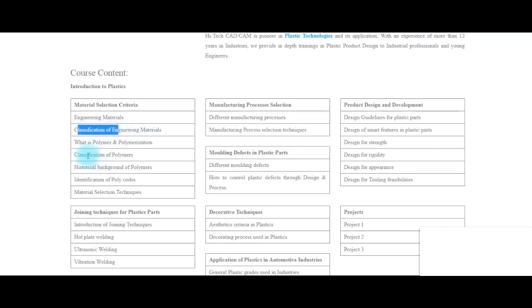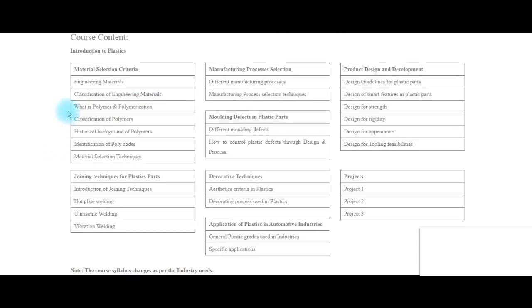And third is what is a polymer and polymerization. This chapter includes the whole things of the polymers and plastic granules and mixing of two polymers and their products.